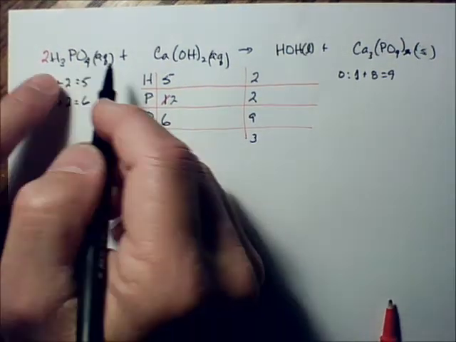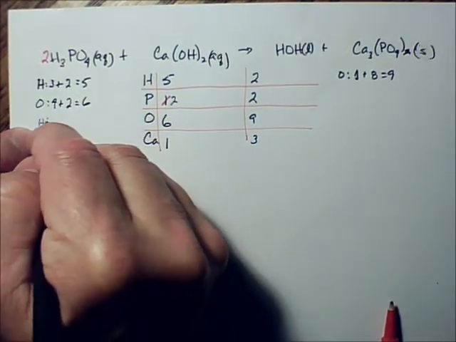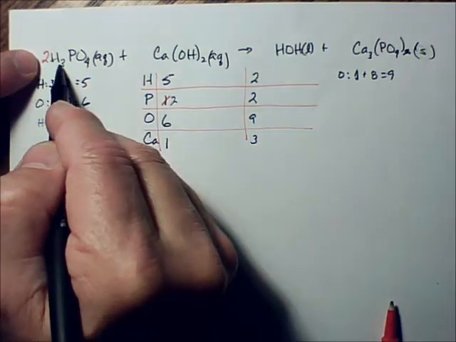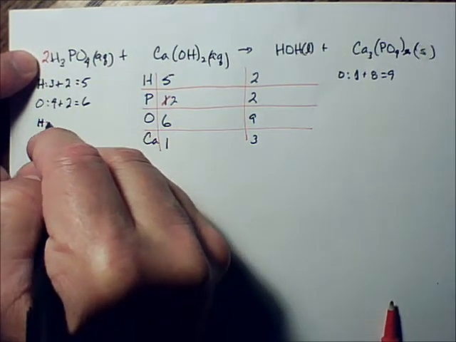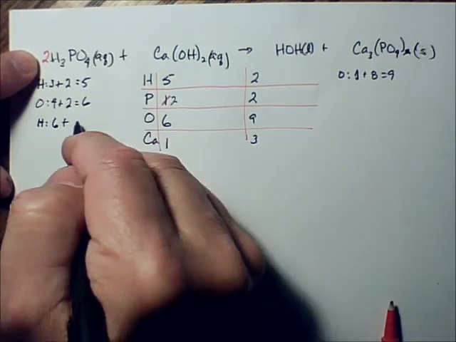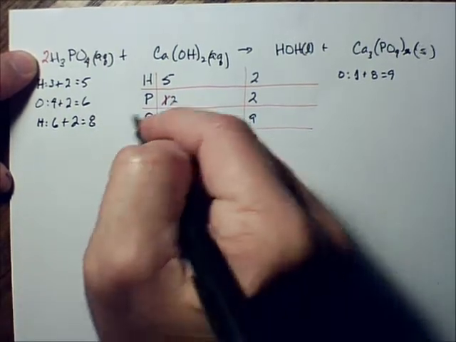And go back and count both the hydrogens and oxygens. Alright, so I have 2 times 3 hydrogens here. That's 6. Plus the 2 hydrogens over here, so I have 8 hydrogens now.